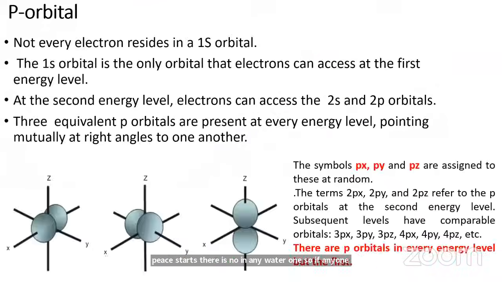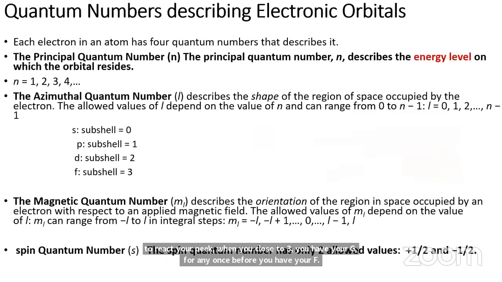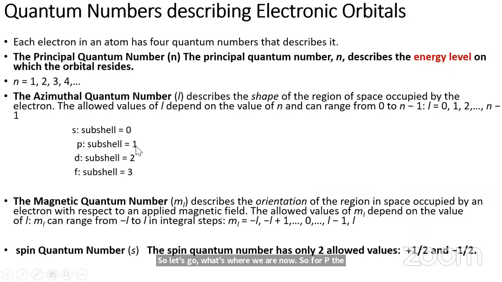So let's go to where we are now. For p, the subshell is going to be 2 minus 1, which is 1. For d, it's going to be 3 minus 1, which is 2. For f, it's going to be 4 minus 1, which is 3. So this is what we are going to use in describing the electrons. Don't worry about all these numbers.